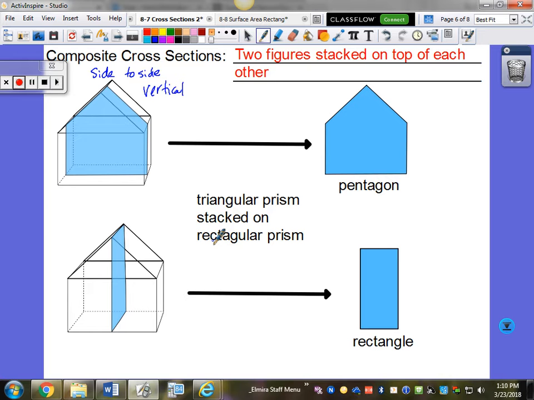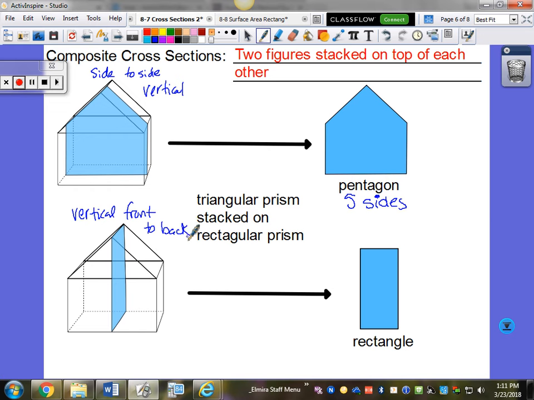Imagine cutting your house straight down through the roof. You'd get a pentagon, and pentagon just means 5 sides. If I were to slice it front to back, then it would make that rectangle shape.